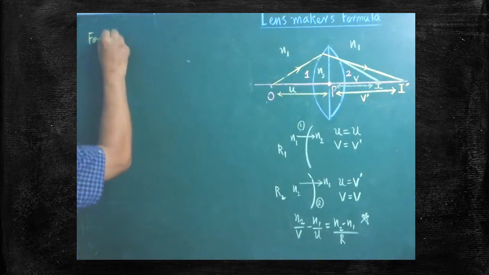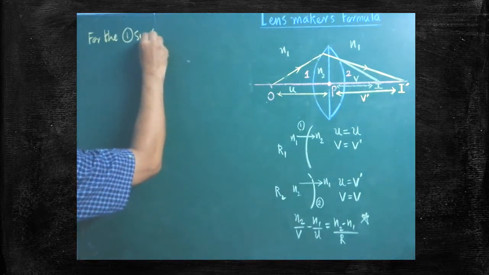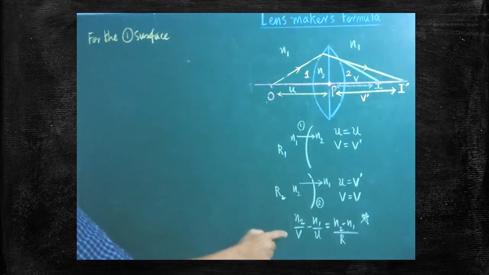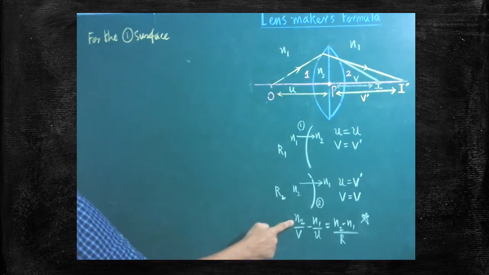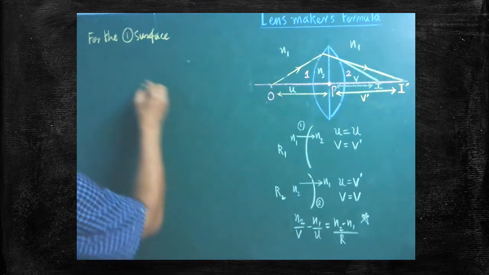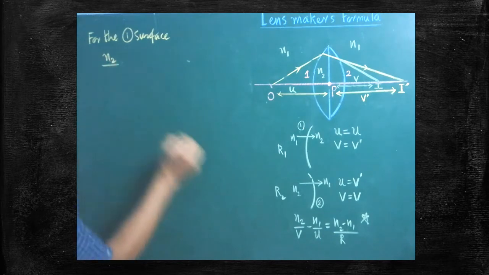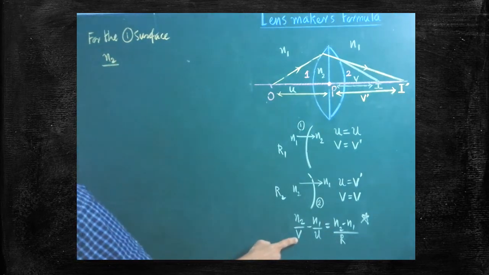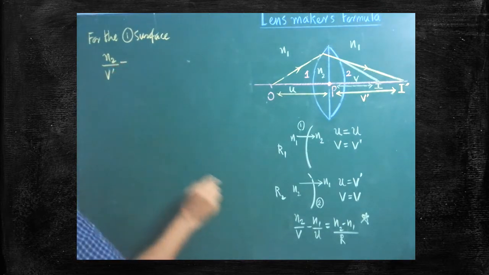For the first surface, I am going to use the equation of refraction at a single spherical surface. What is N2? The second medium. With respect to the first surface, the second medium is N2. Here V is the image distance, and that image distance is nothing but V dash, minus N1.